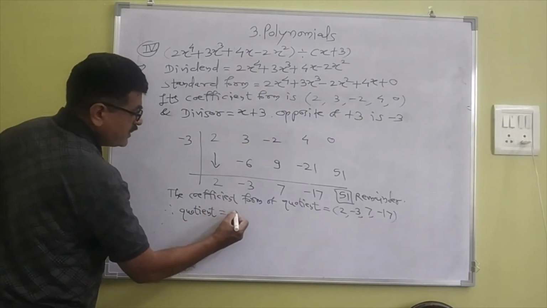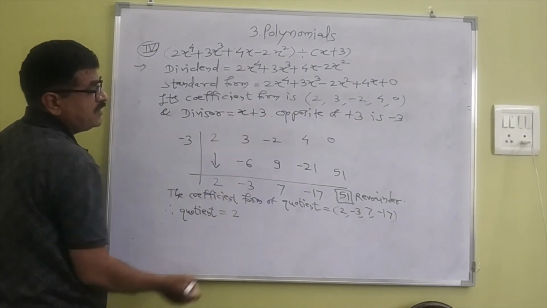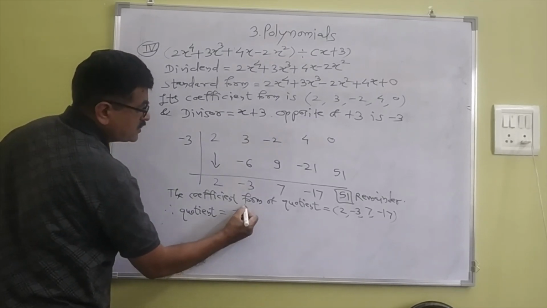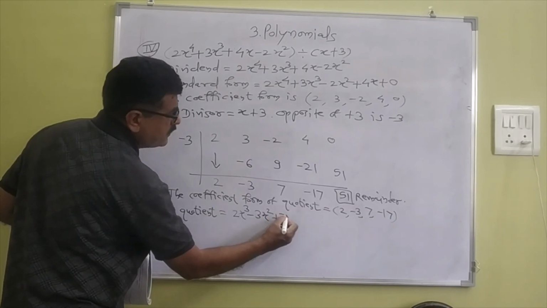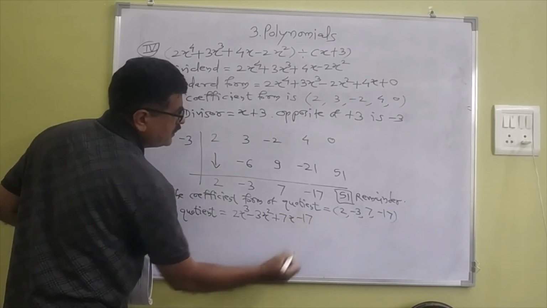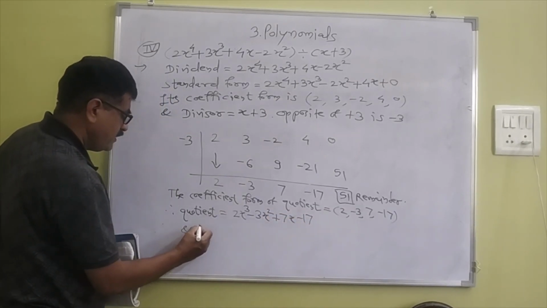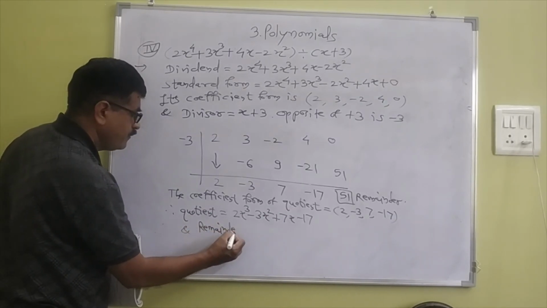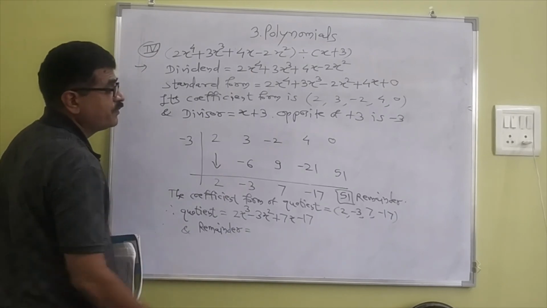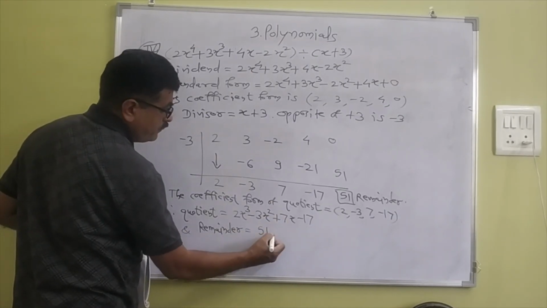That is, we can write this as variable x, 2x cube minus 3x square plus 7x minus 17, and remainder is equal to 51. This is the answer.